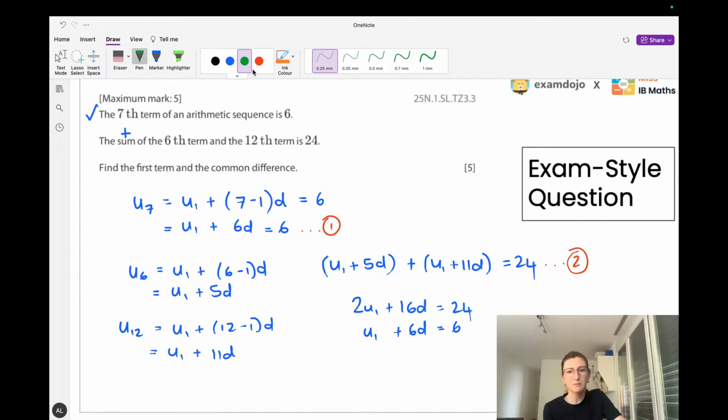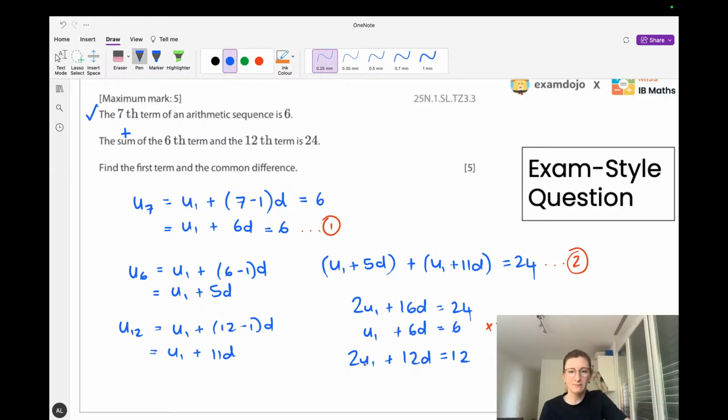I'm going to multiply this equation, let's keep it in red, by 2, so I get the same coefficients here. So then this is 2u1 plus 12d equals 12, just everything multiplied by 2. Don't forget to multiply everything.